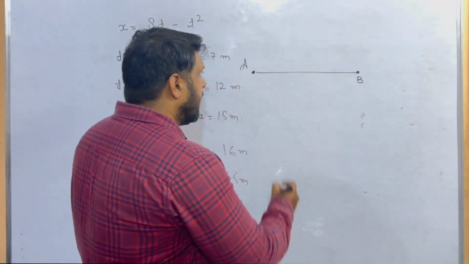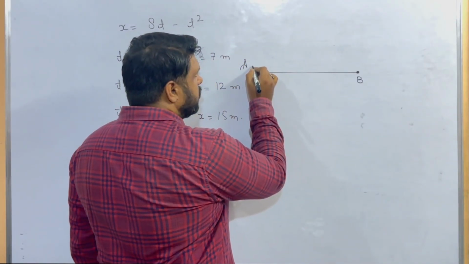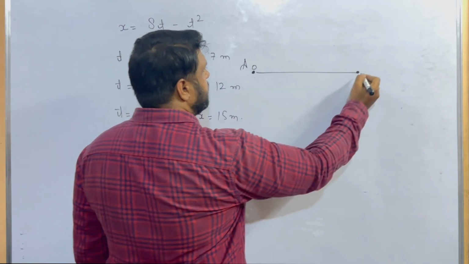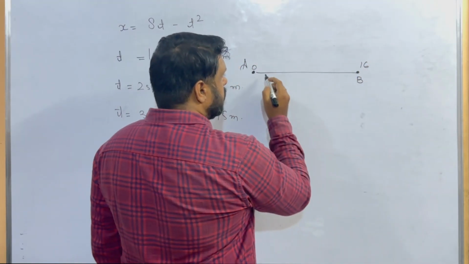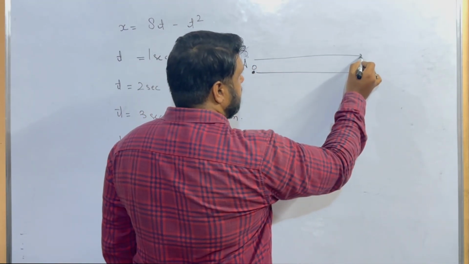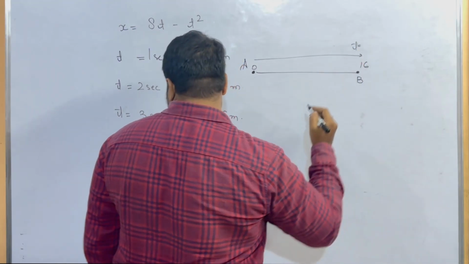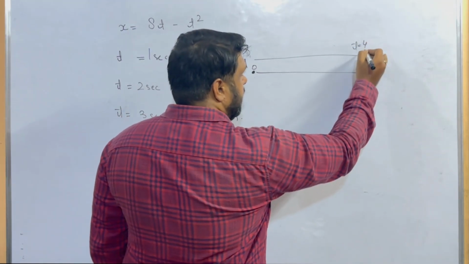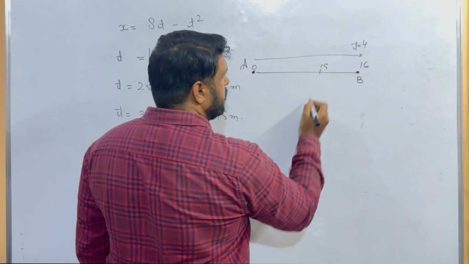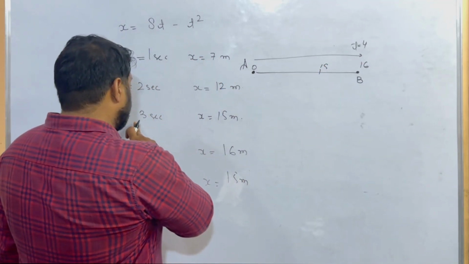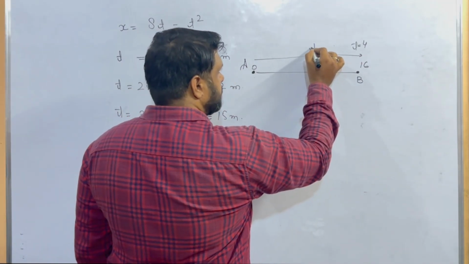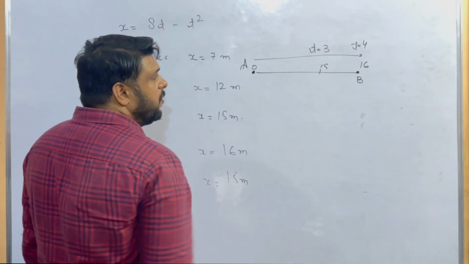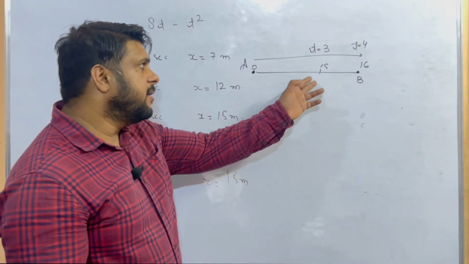Let's say this is 0 and this is 16. You can see that at t is equal to 4 seconds, it was here, and at t is equal to 3, the particle was present at 15 meter.